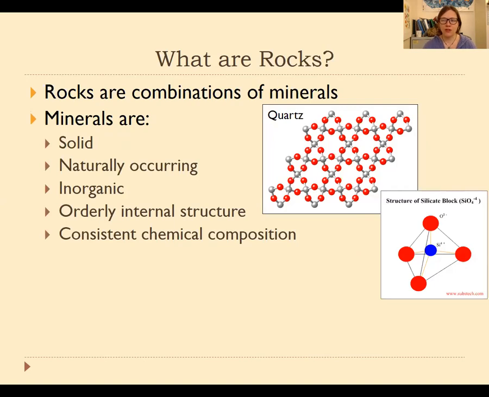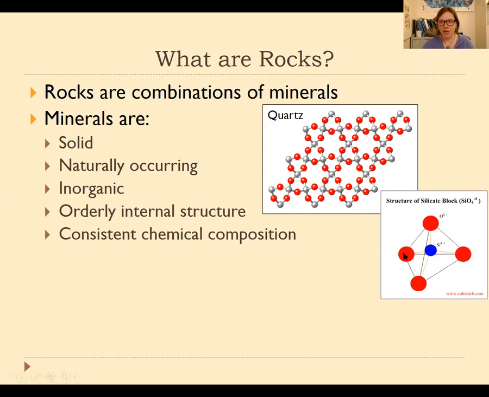They're not made of that structure of carbon-hydrogen bonds. They don't come from organisms with DNA and whatnot. And then two other important characteristics about them is that they have this very orderly internal structure of the way that the different atoms inside the minerals are put together. And so they have these really regular patterns.